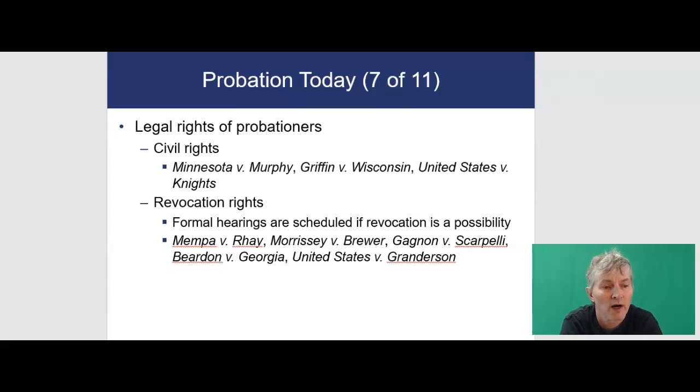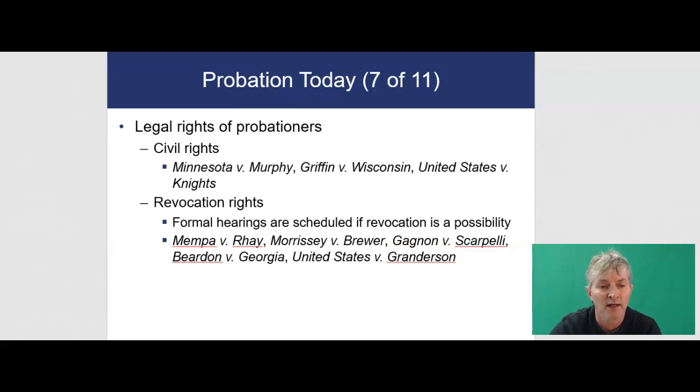Generally, the courts have required that probation officers adhere to due process during the revocation process. We also have to remember a probationer is entitled to counsel during the revocation process. This was decided in Mempa versus Rhay in 1967, and an informal inquiry must be held to determine whether there is probable cause that a probationer has violated conditions of probation.